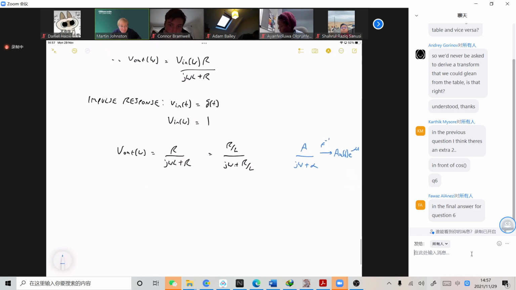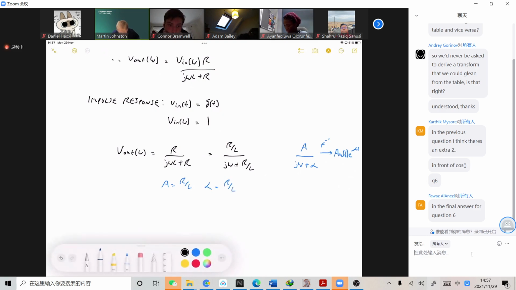In this case, A is equal to R over L, and alpha is also equal to R over L.